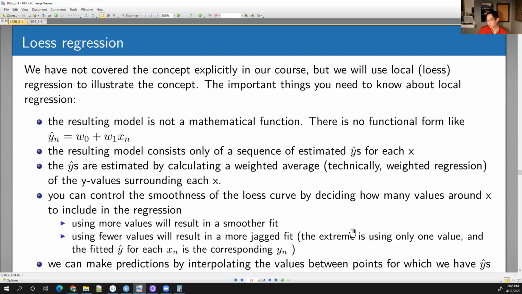I introduced a little bit something called LOESS regression. We don't really cover this, but basically it's this concept of local regression. You do some linear regression models and you average a bunch of them within a window.